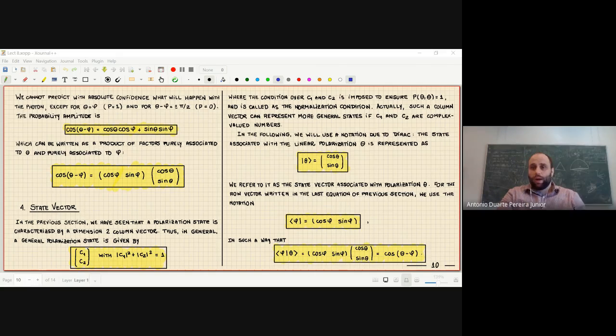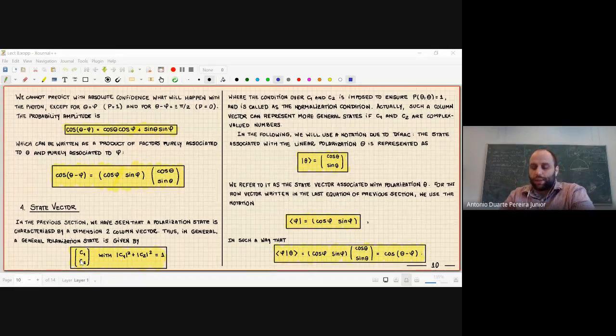Okay, so now, instead of writing the state using this column vector notation, I want to save space on my piece of paper, and I will call the state with two entries with a special notation. This special notation is due to a physicist called Paul Dirac.